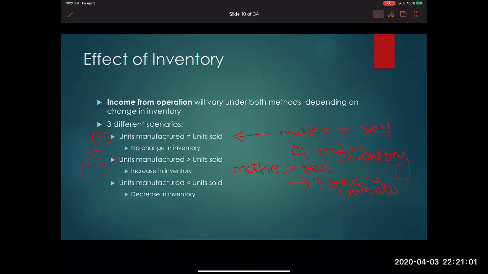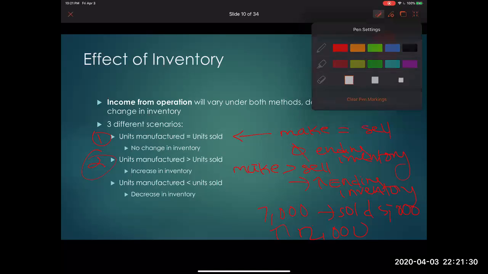So maybe what you did, you made, I don't know, 7,000 units, but you only sold 5,000, right? So your ending inventory would be 2,000 units, all right? So in that case, in scenario number two, you would have an increase in inventory, okay?